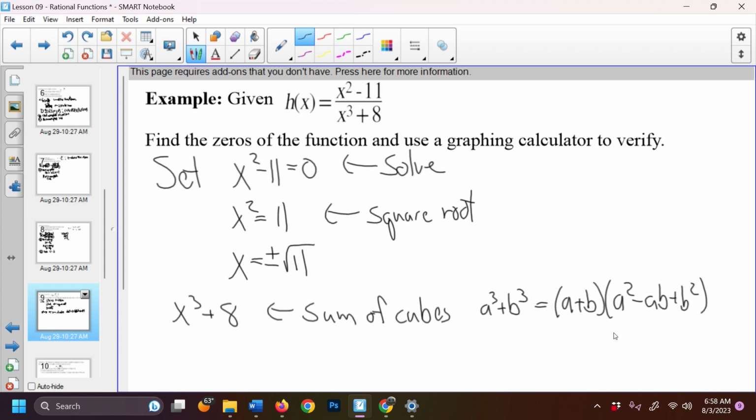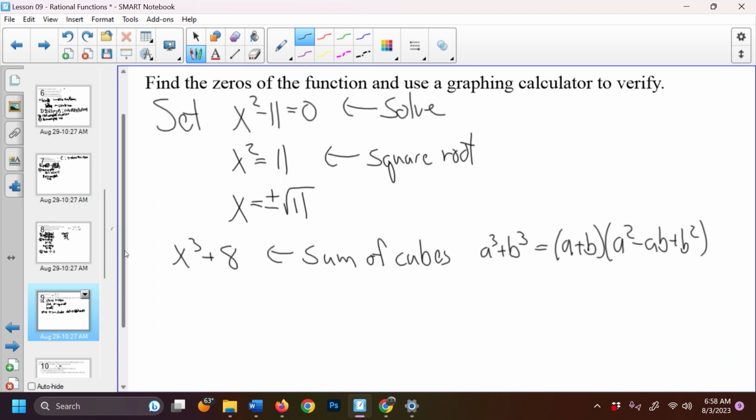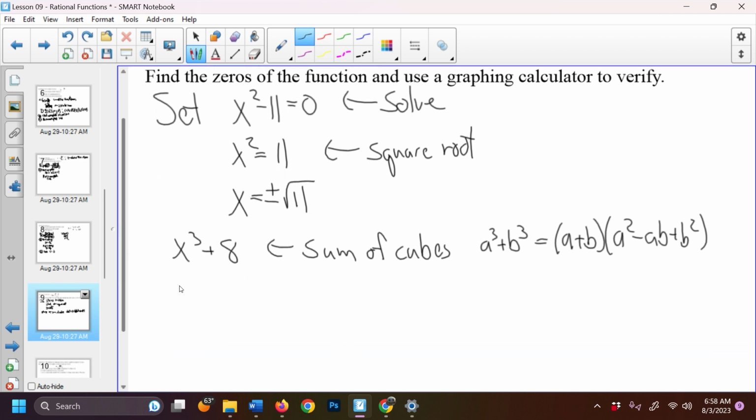And this second quadratic is not reducible over the real numbers. So here I can say that the factorization of this, if x to the third is a to the third, then a is just going to be x. And if 8 is b to the third, then b is just going to be 2. And then I'll have x squared minus 2x plus 2 squared is 4.